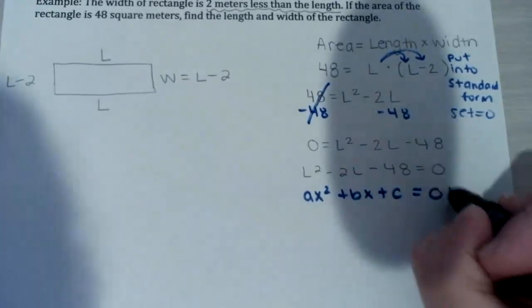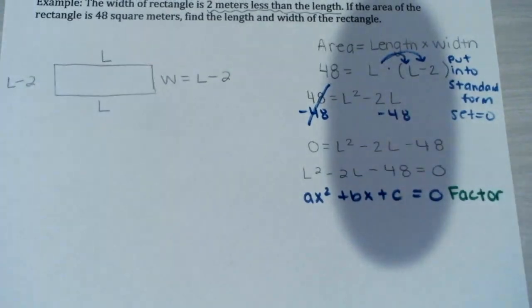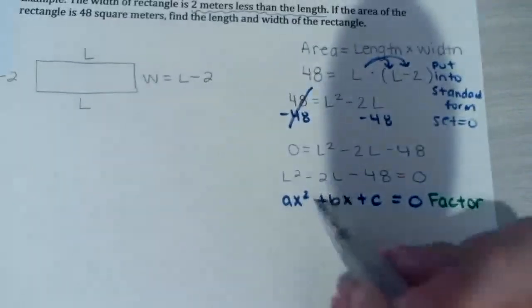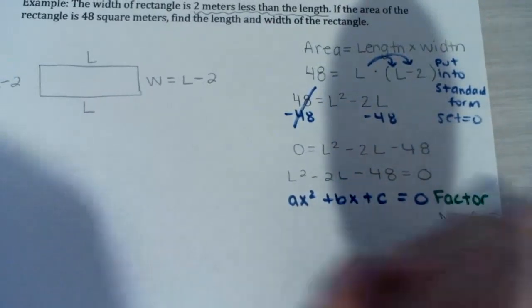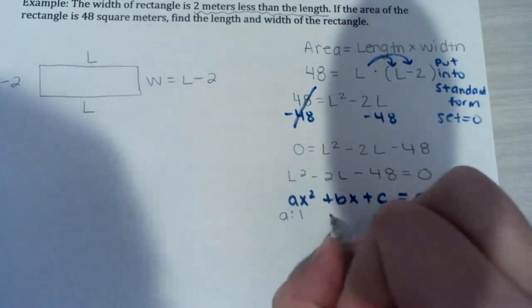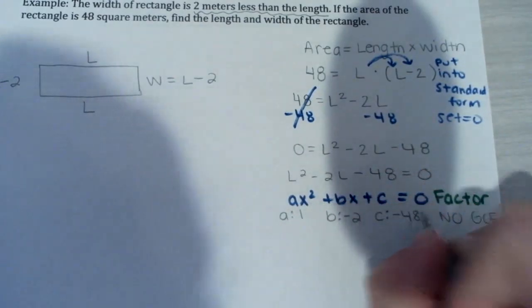So now we can factor. Our first step in factoring is GCF, but looking at L squared minus 2L minus 48, there's no GCF. So A in front of L squared is positive 1, B in front of L is negative 2, C by itself is negative 48.